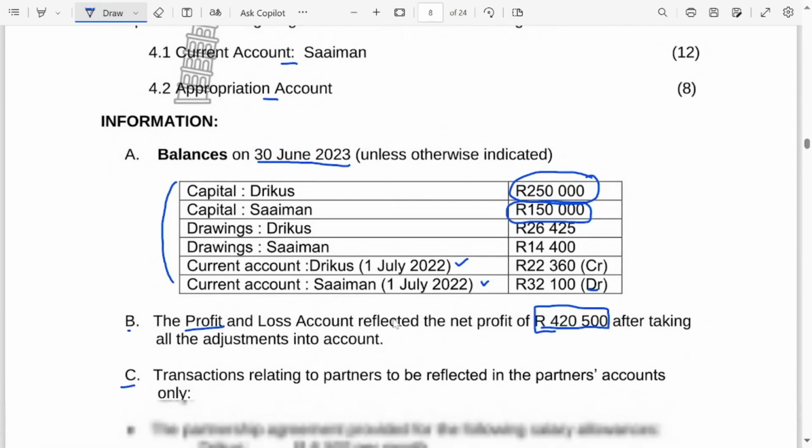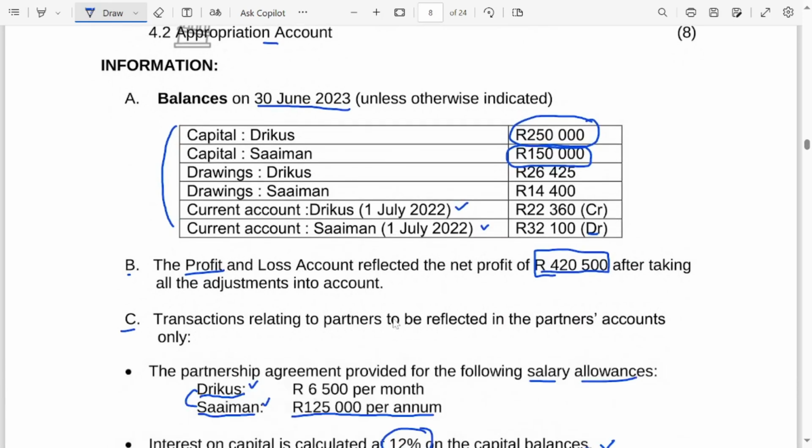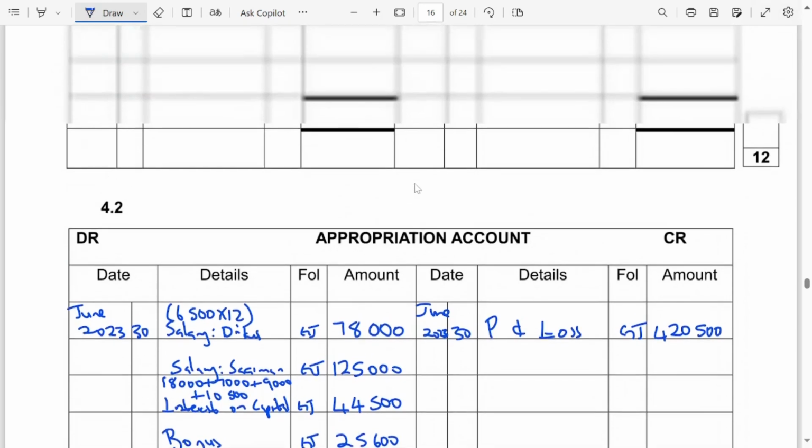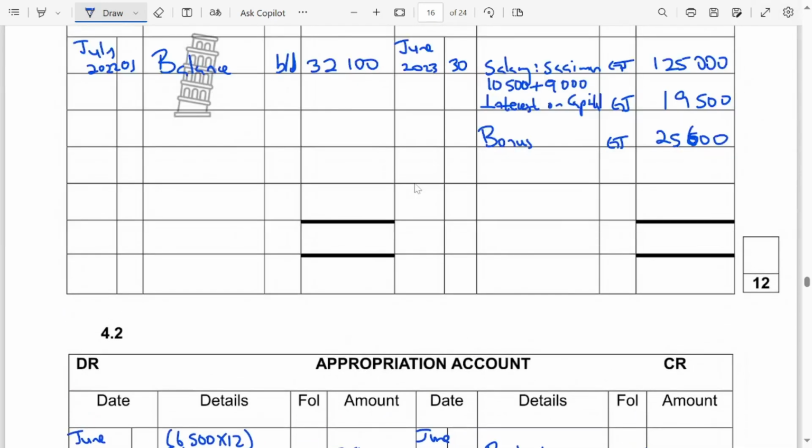So because they are taking them for personal use, it means that the drawings of the business are increasing. And the drawings, where do we record them? We record them on the debit side of the current account. So the drawings for Simon, let's go and record them.